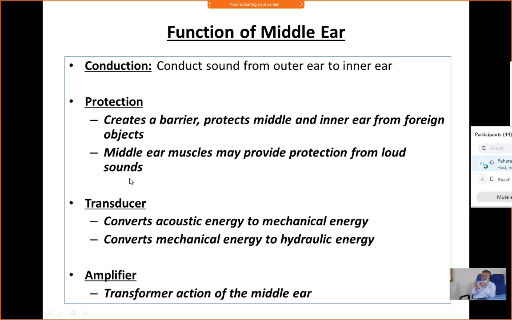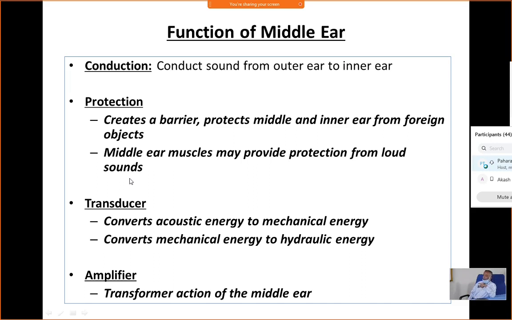It will come to the tympanic membrane, which will move more, and there will be more vibration of the ear ossicles. But by means of some muscles present in the middle ear, the turbulence of the ear ossicles is prevented, so that it is not transmitted to the internal ear.